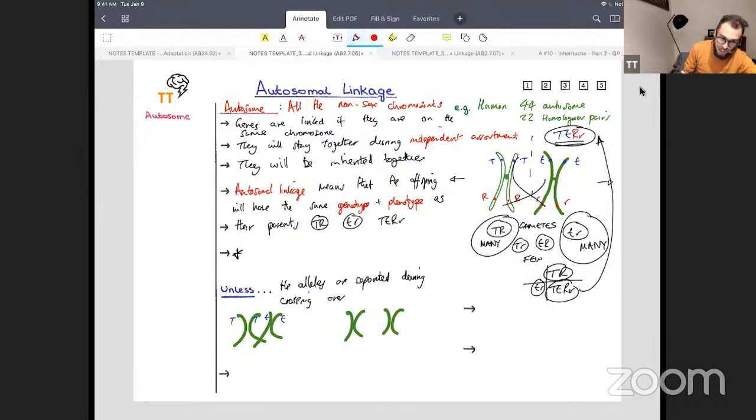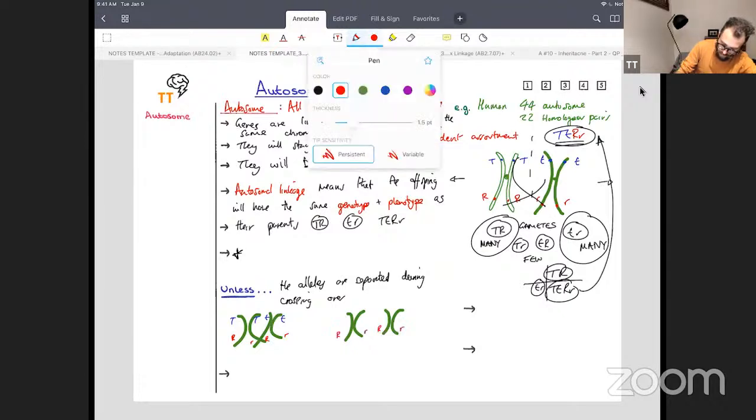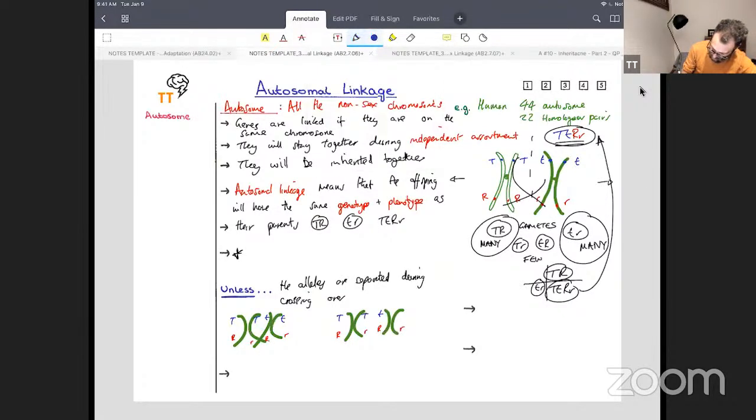I'm not going to add an extra allele just to make it a bit... No, actually, it's probably a bit further down. The T's are not affected in this particular example.